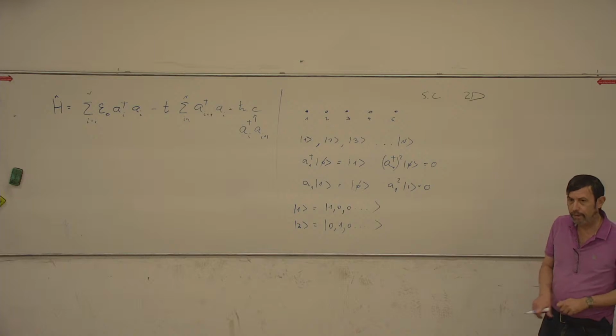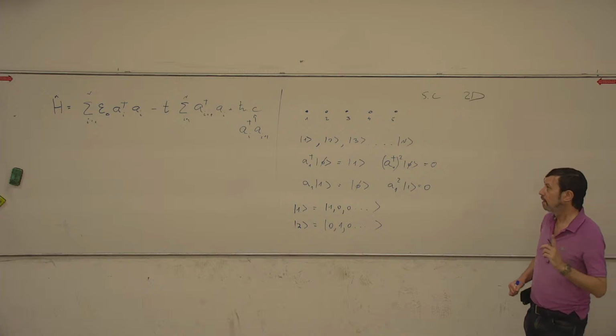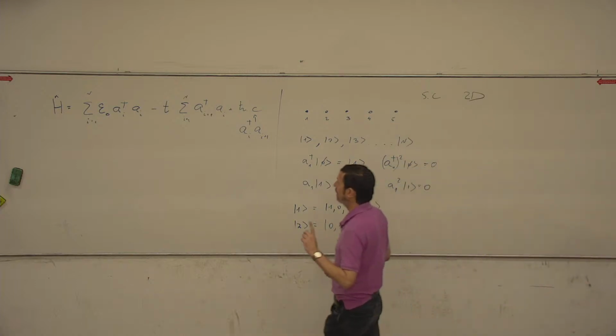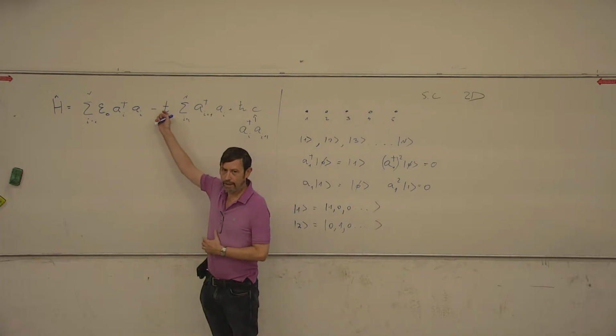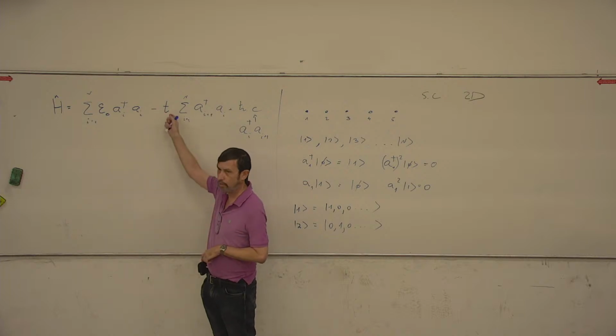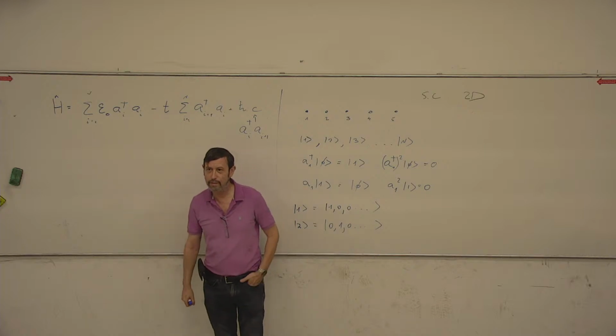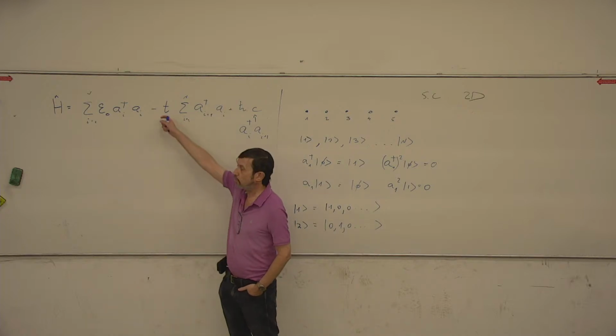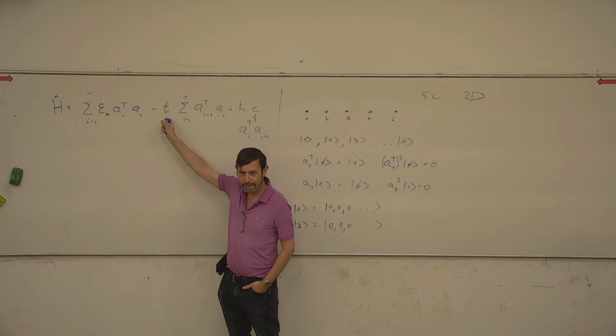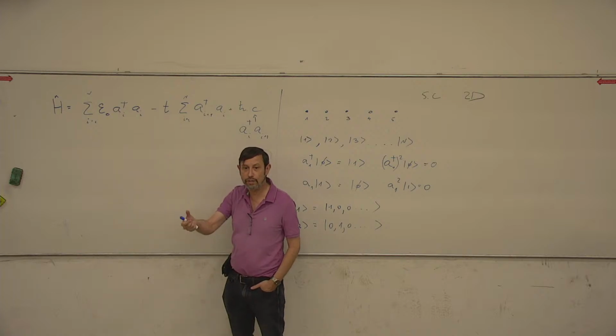All the interaction is controlled by the parameter t, right? I wouldn't call it interaction. Okay. Why? Because I would call it the kinetic term. And that's actually a good question. Why is this minus and why do I call it a kinetic term? If this would have been plus, it costs energy to move from one side to the other.